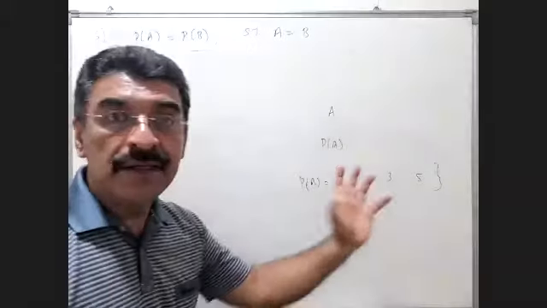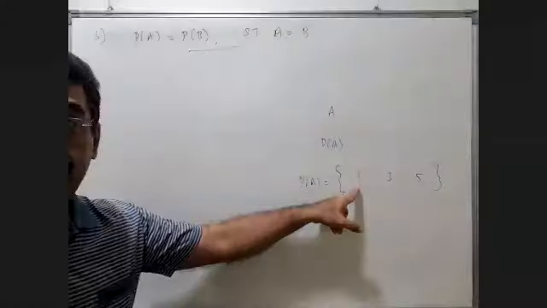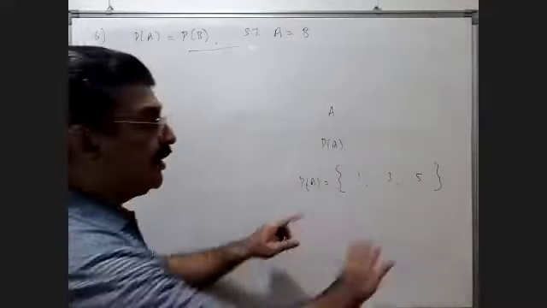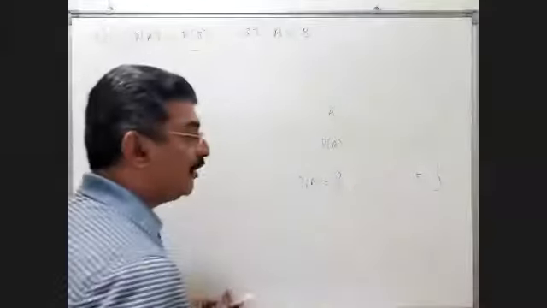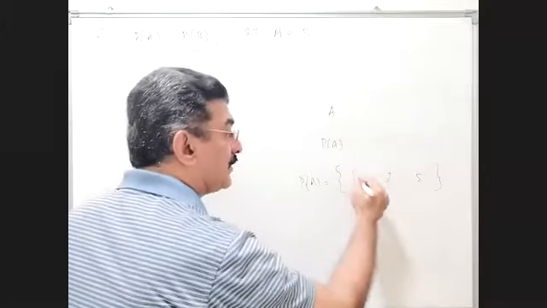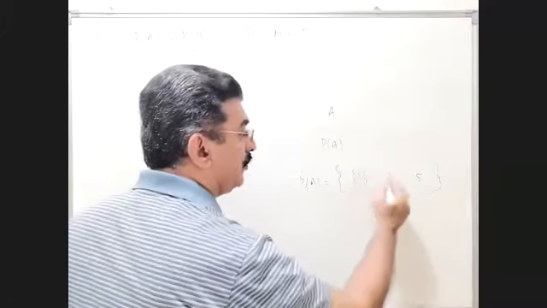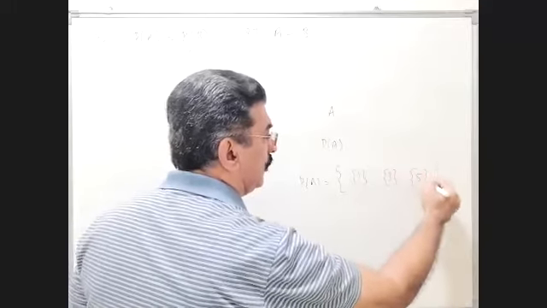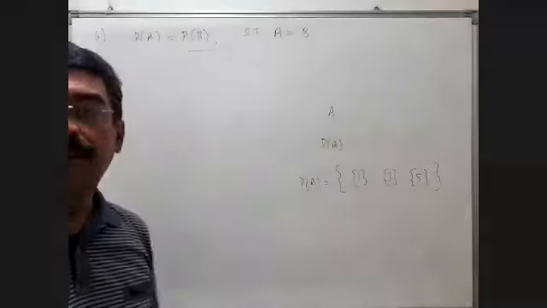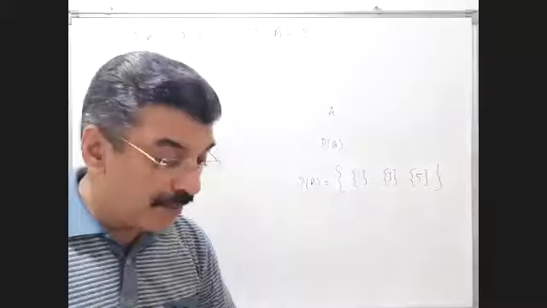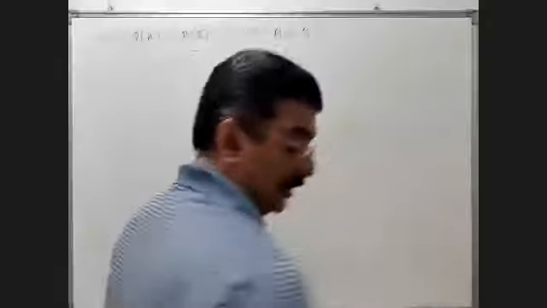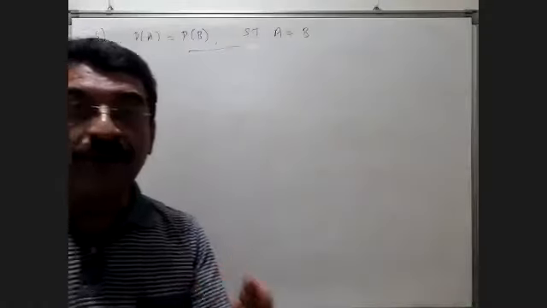We will not get a single element, a number, in a power set. The members of this power set will again be sets. So a set such as {1} is possible. Remember, whenever we get a power set, it may contain only sets.